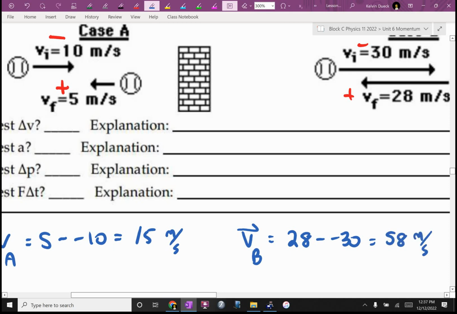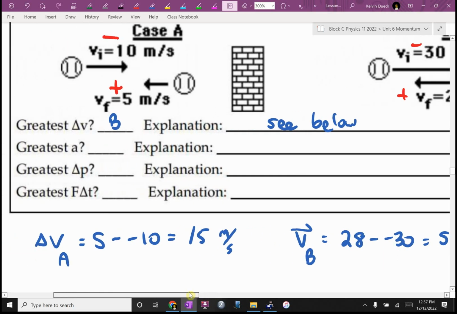Okay. Well, be obvious. Which one had a bigger change in velocity? Case A or case B? Case B, explanation, see below. Which one do you think then underwent the biggest acceleration? Case A or case B?